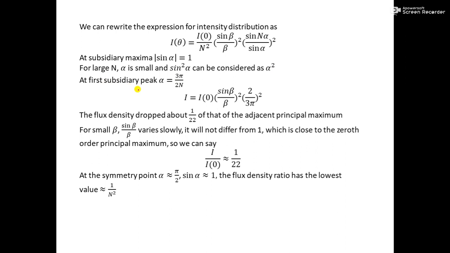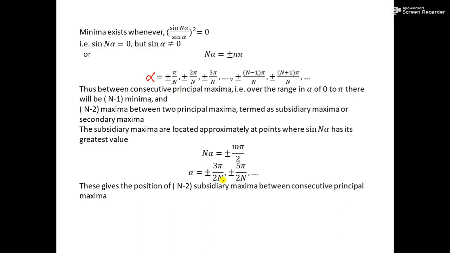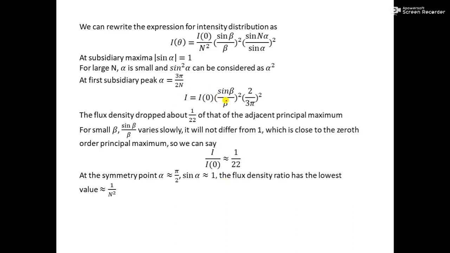At the first subsidiary peak, α has the value 3π/2n, that we have got here. So putting this in, you can calculate that the flux density, that is I/I₀, dropped to about 1/22 of the adjacent principal maximum.